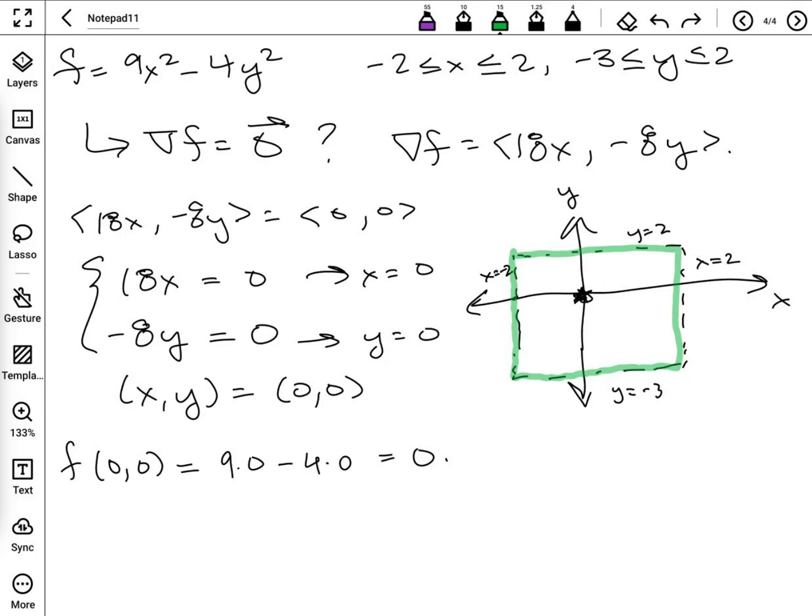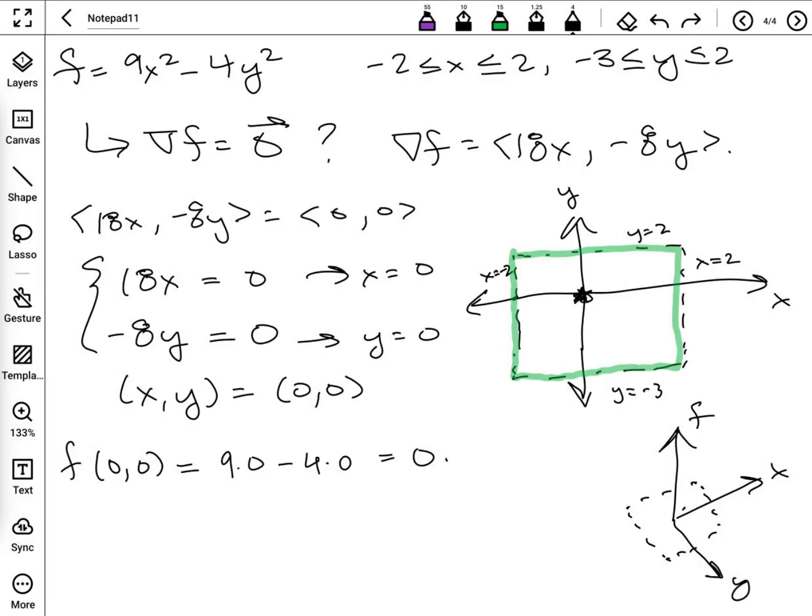The reason being that I'm thinking about this function being something that happens in 3 space. So z, or my f, is up there. Here's my x, here's my y. I've got this rectangle that I care to think about. And then my function is kind of a sheet shape.